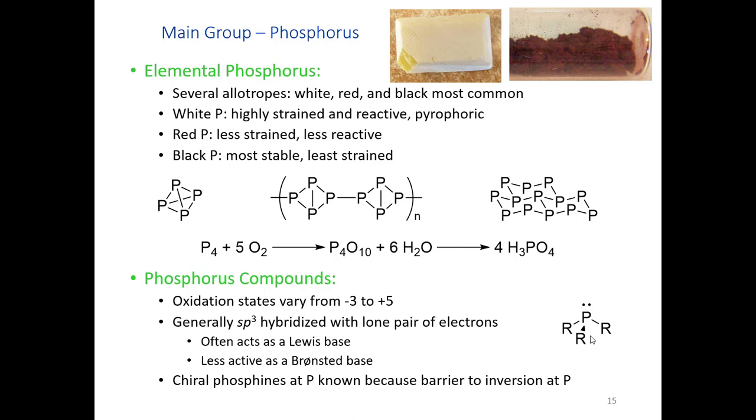Another major difference with nitrogen is that phosphorus is almost never sp or sp2 hybridized and does not readily form double or triple bonds with itself. Can you hypothesize why? It's for the same reasons that silicon doesn't form double or triple bonds readily. It's because the phosphorus atom is much larger, so you do not get effective p orbital overlap in most cases.